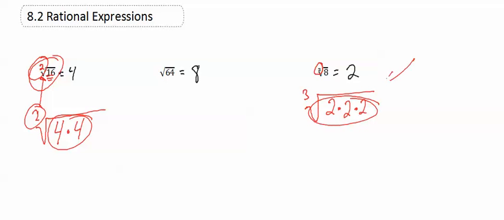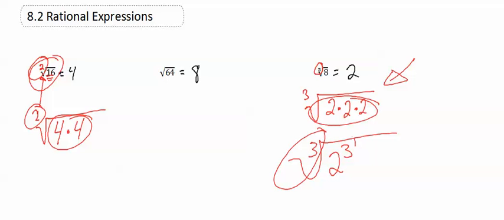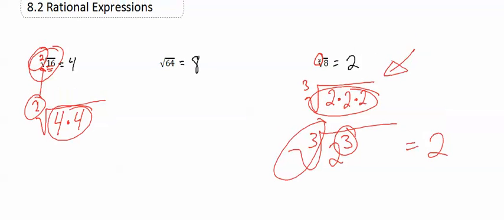Take a look real quick at the cube root of 8. I can rewrite that as 2 cubed. And basically what happens is the cube root cancels the cube. And the reason for that is because the index is really like a fraction in your exponent.